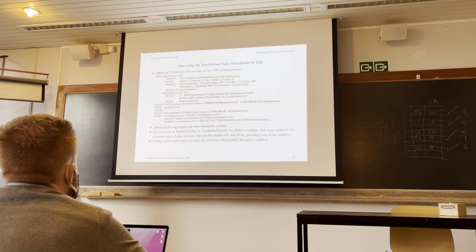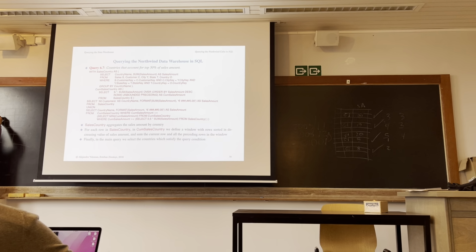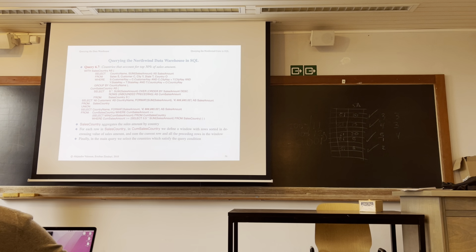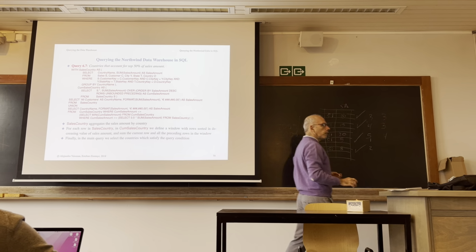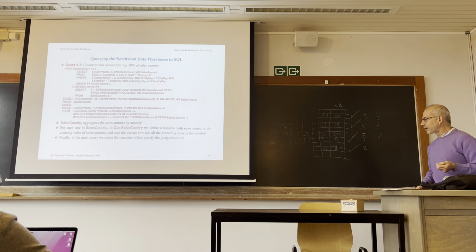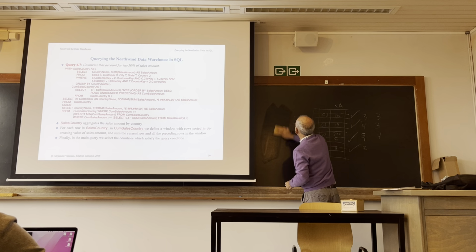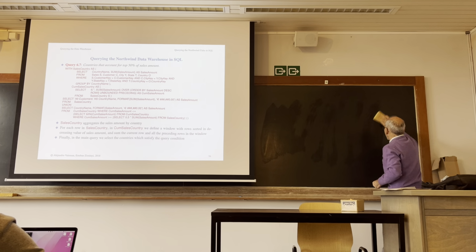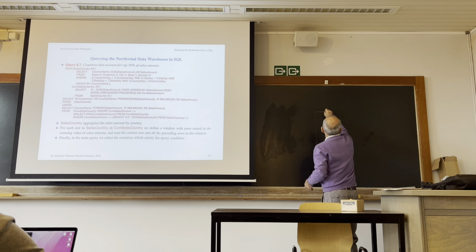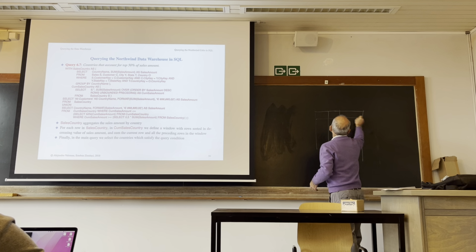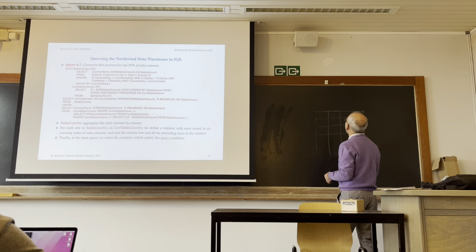So we know that we have a country here that will be Belgium, another country will be France, etc. So we have countries that account for top 50% of sales amount.